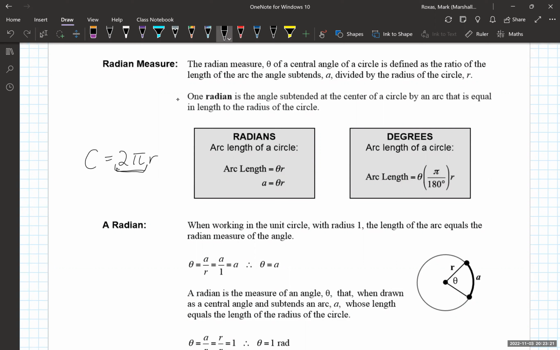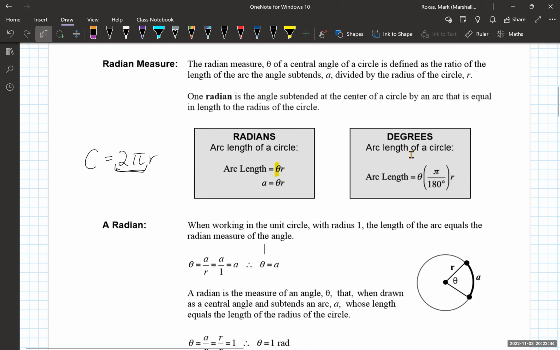Instead of the whole circle, we're just doing an arc. So for an arc, we use the angle theta that we're subtending. This angle times its radius is the arc length. We abbreviate arc length with a, and then we just say theta times r.